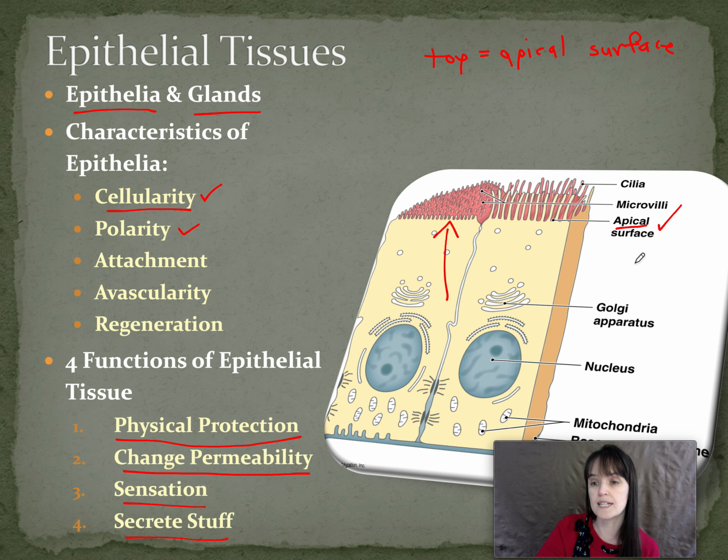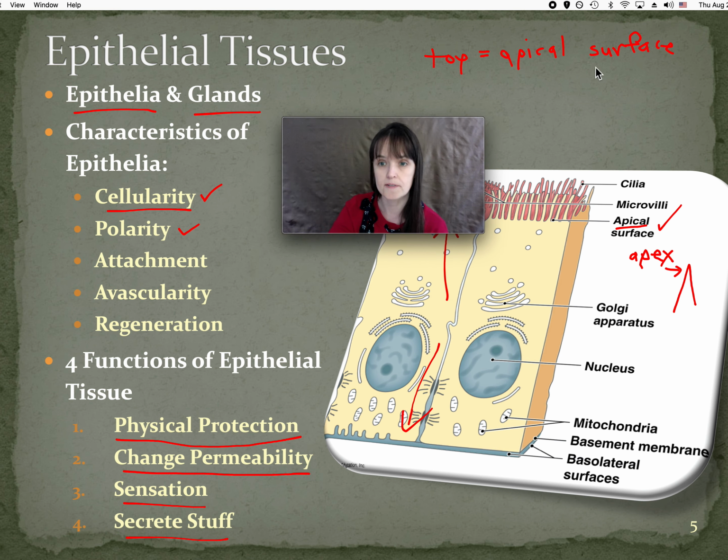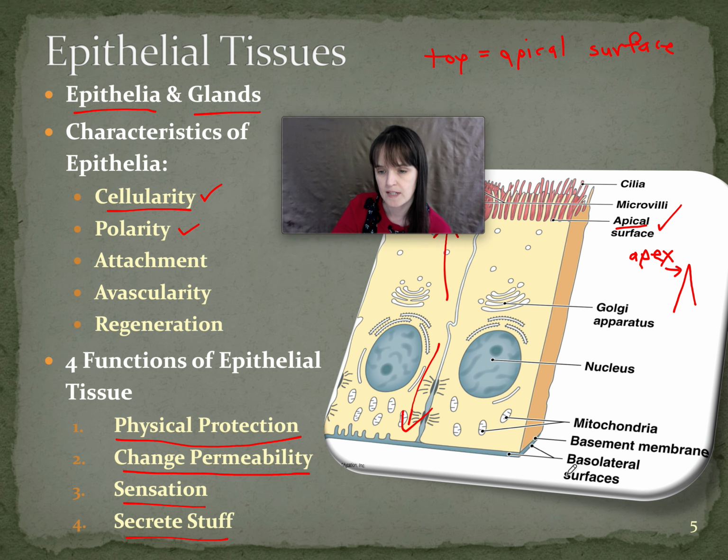So apical is the adjective form of apex. And the apex is the pointy part. So the apex of a mountain is the top, the pointy part. And then there's the basal surface, basolateral surface. That includes the sides. The basal surface is the bottom, the base.